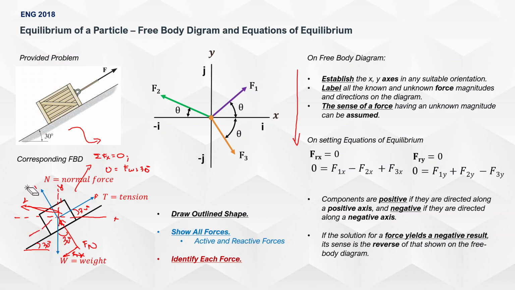What else do we have? We have Fn, and Fn here is sine 30 degrees.